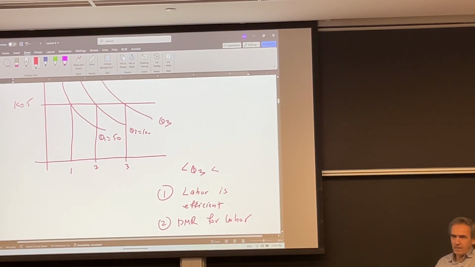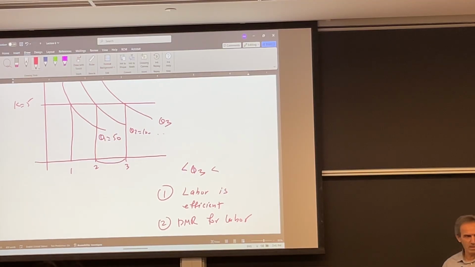Anyone? Start with efficiency. If you want the labor to be efficient, what should be the minimum value for Q3? What's the minimum production for Q3 such that the labor is efficient? Well, this labor should produce something, right? That should tell you Q3.